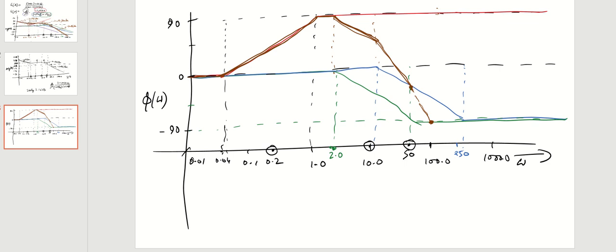So this is a corner frequency. All right, so things should change here.